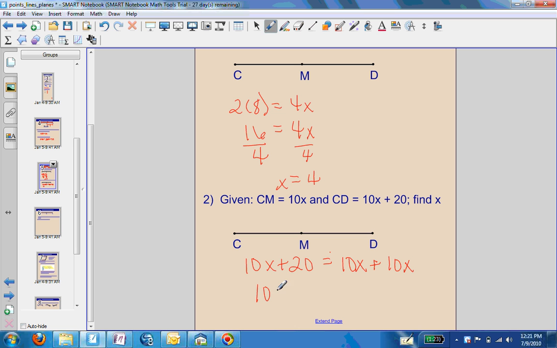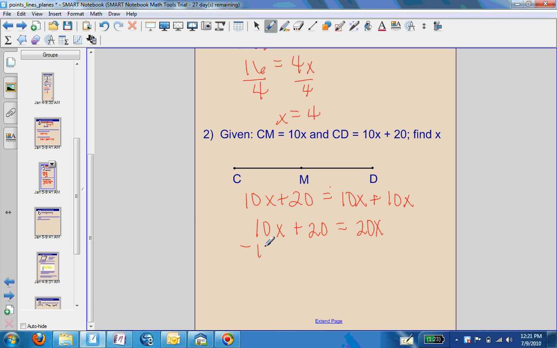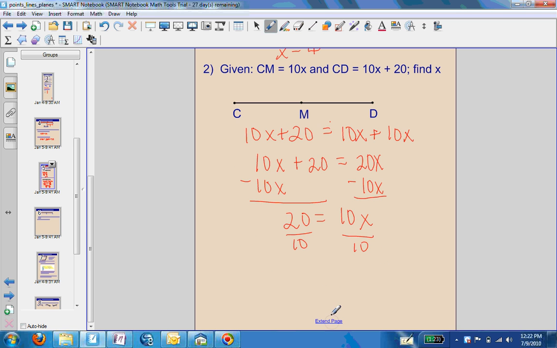So 10x plus 20 equals 20x. I'm going to subtract 10x from both sides so that I can get all the x's on one side. So we get 20 equals 10x. We're going to divide both sides by 10, and x equals 2.